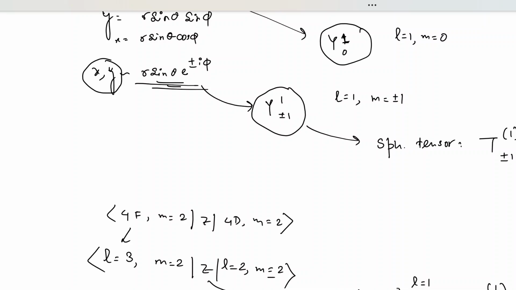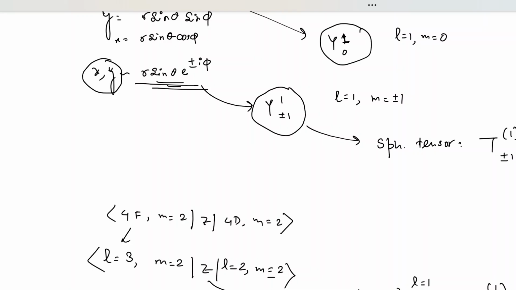So M1 equal to 0, M2 equal to 2, multiplied by the rest of the terms that depend only on L and not on m. So this is L equal to 3, and then this z term has tensor rank 1, so here L equal to 1, and on the last term L equal to 2.